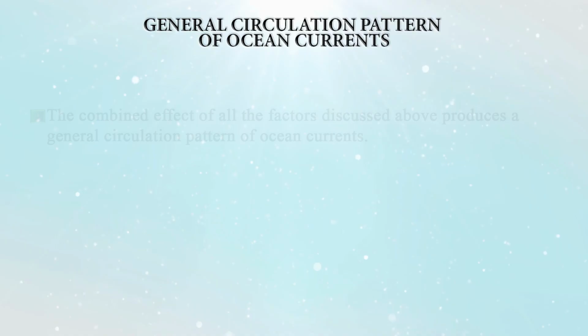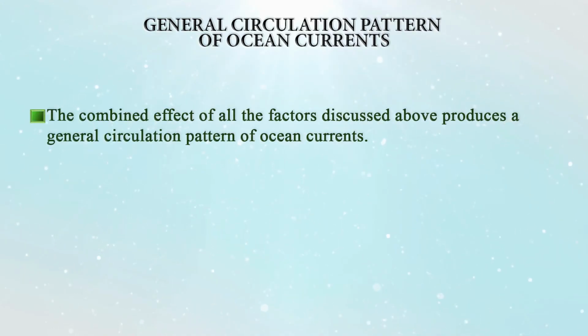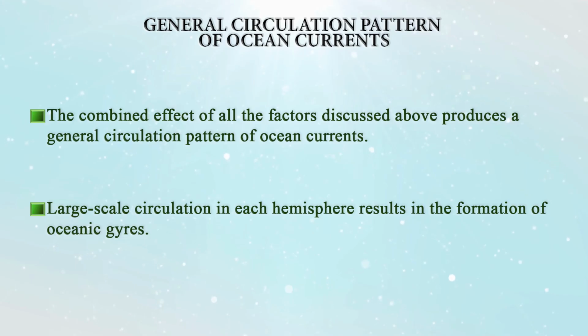As I have explained, the combined effect of all these factors discussed above produces a general circulation pattern of the ocean currents. Large scale circulation in each hemisphere results in the formation of oceanic gyres. As I told you, ocean currents get deflected due to the rotation of the earth, or the Coriolis force that comes into effect, and it deflects to the right in the northern hemisphere and to the left in the southern hemisphere.